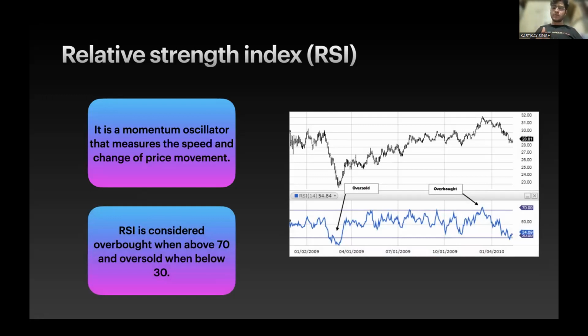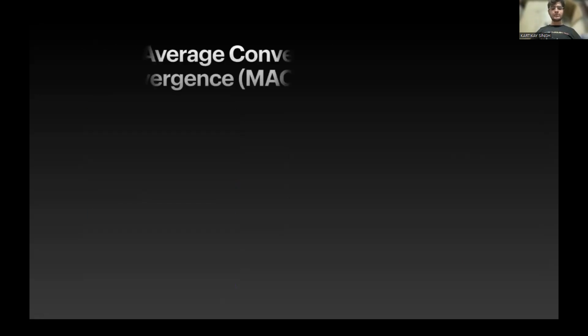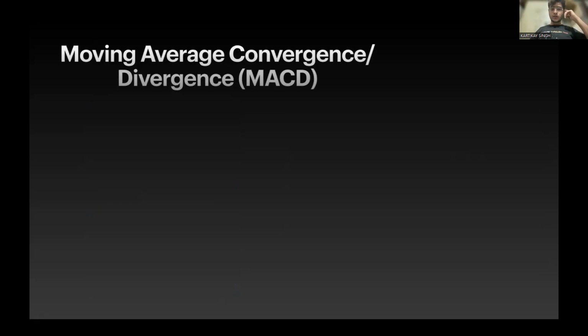More people have bought the shares than the average amount. And if the RSI value is less than 30, then it means that more people have sold these stocks than average, right?